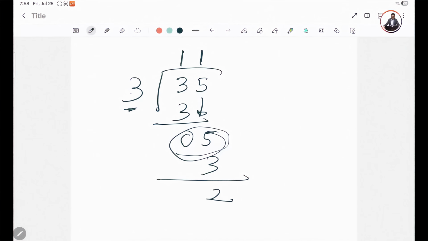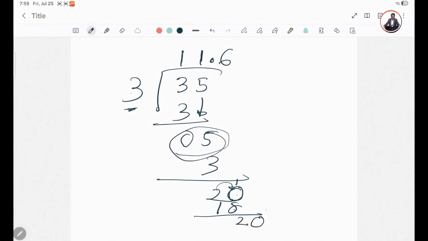Say if you want to make it decimal, you add 0 in here and then put the point here. So how many 3's go inside 20? It is 6. 3 times 6 is 18. And 0 take away 8, you can't do. Add 1 here. 10 take away 8 is 2.